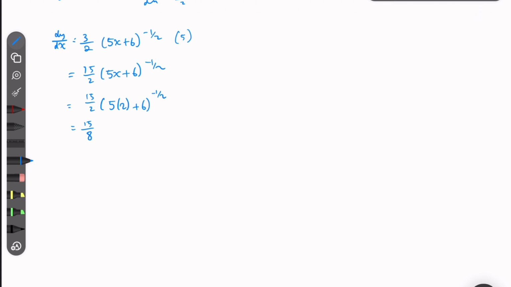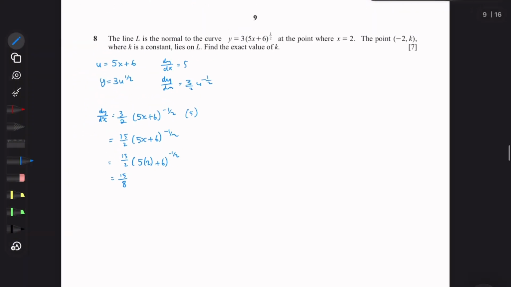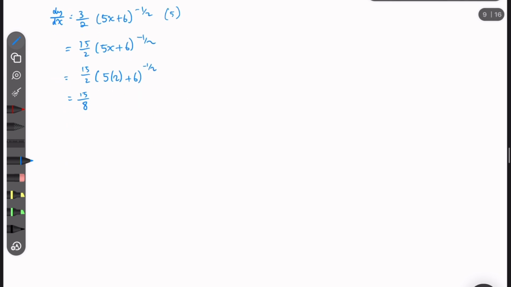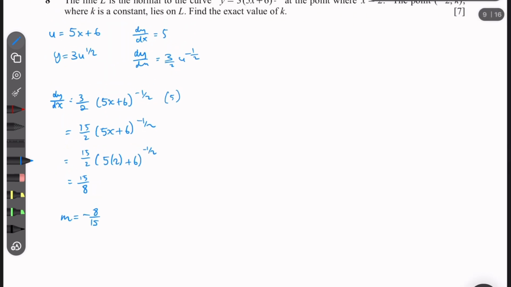So the gradient of the tangent is 15 over 8. And because we want the perpendicular bisector, since it's the curve, the gradient would be minus 8 over 15. And then we can sub 2 into the equation of the curve to find the y value.